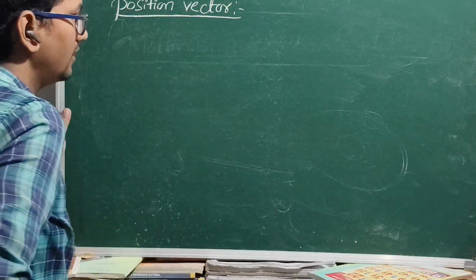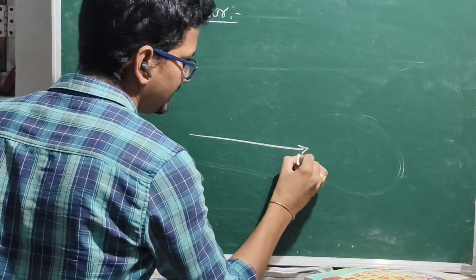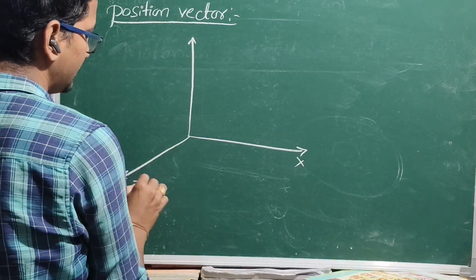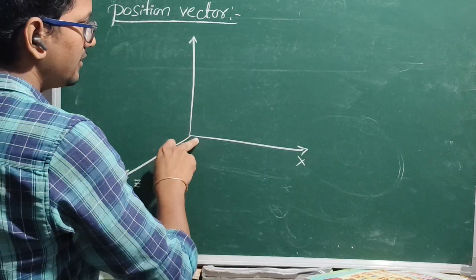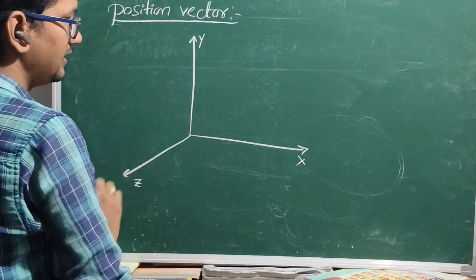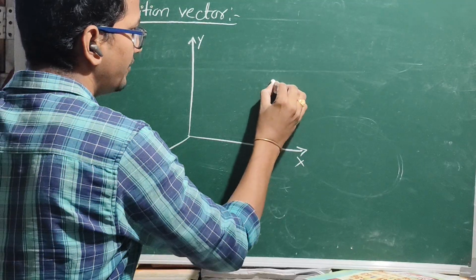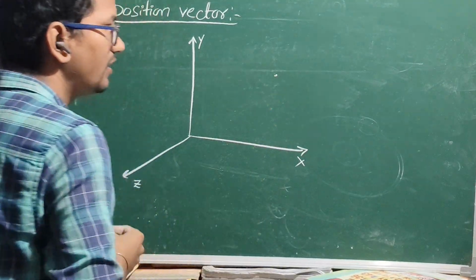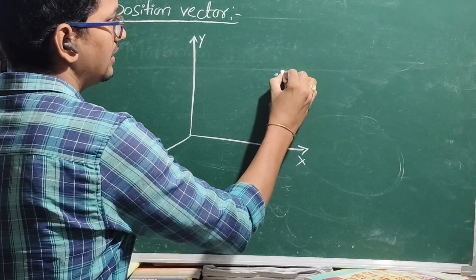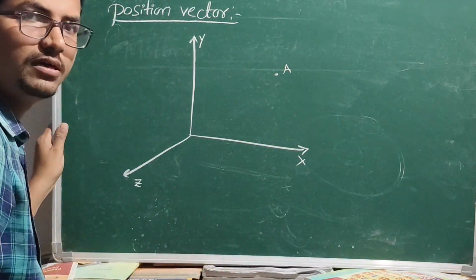Position vector, for example, if you take an x-axis, y-axis and z-axis. If the particle is along the x-axis we can find it, and along the y-axis we can find it, and along the z-axis we can find it. But otherwise, the particle will be somewhere. What is the displacement of the particle? For example, a particle is there.